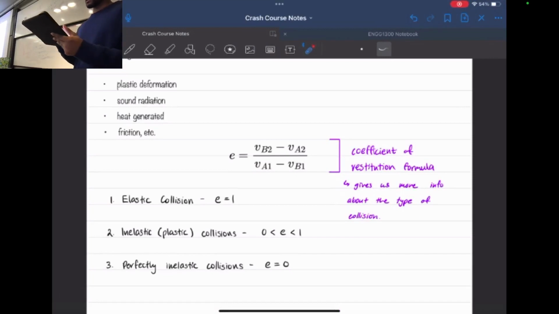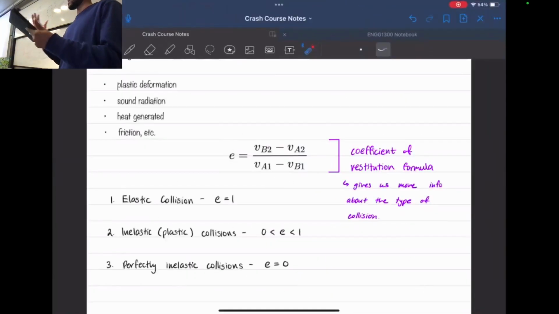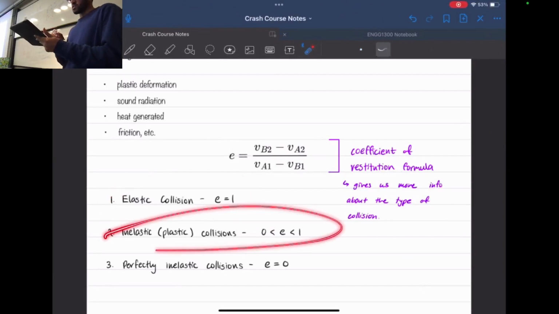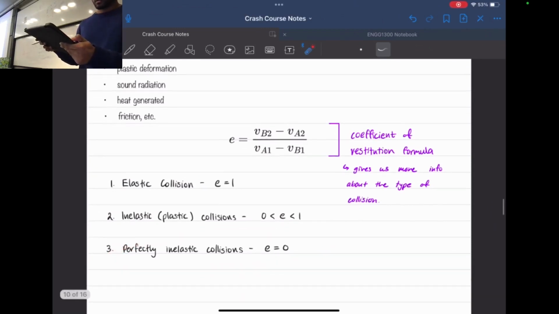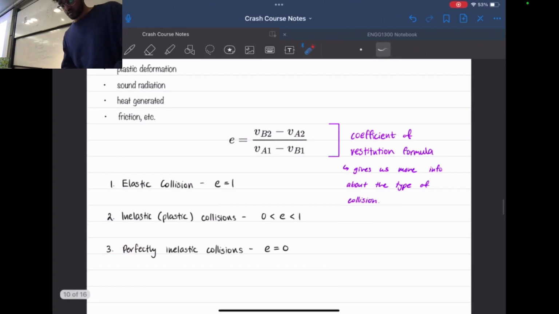What it actually does is give us more information about the type of collision between two particles. If it's equal to 1, it's an elastic collision. If it's between 0 and 1, it's a plastic collision. If it's equal to 0, it's called a perfectly inelastic collision. And if I'm not wrong, isn't a perfectly inelastic collision when they stick together and they move as one body? Okay.